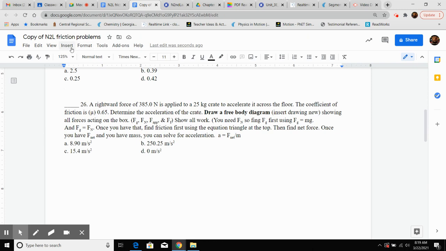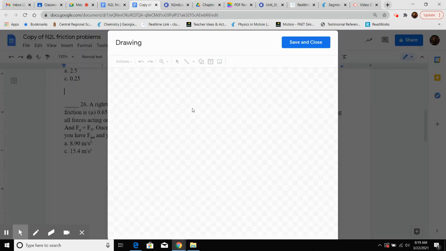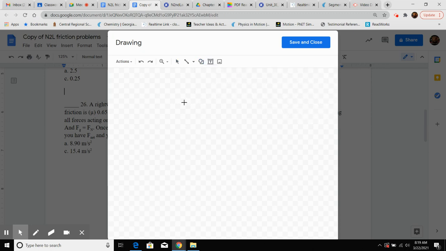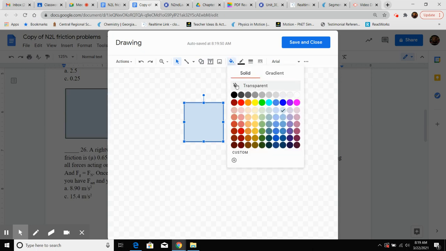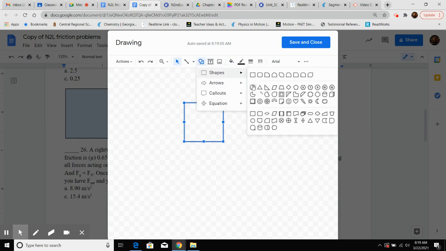All right, so let me just go real quick. Insert drawing, new. Shapes and rectangle or box, whatever. And then I'm going to fill color, make it transparent. Put a little dot in the center.